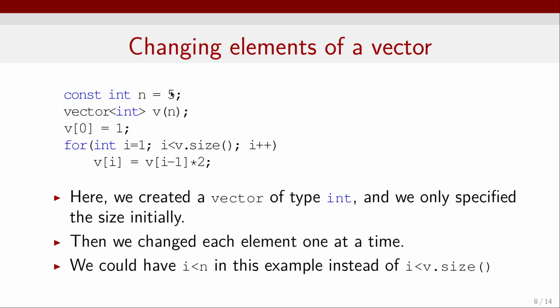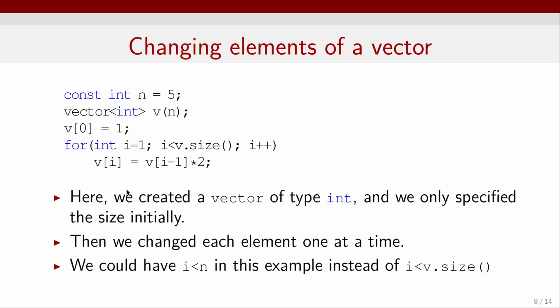Remember, this is going to return 5, so I lower than 5. So that means it will go up to I equals 4. And so the last equality will be v of 4 equals 2 times v3. So again, we're using v4 here, which is the last element of v. So remember, v has 5 elements, so the last one is v4. So we're not going out of range.